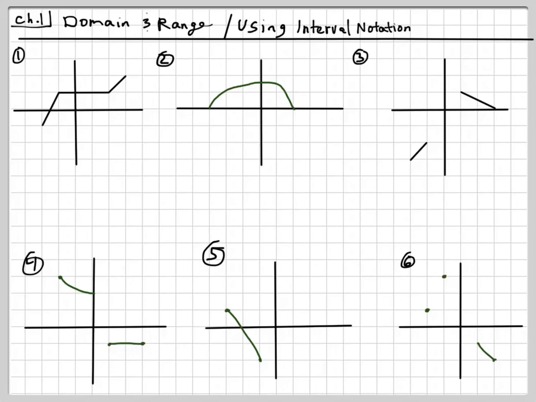We have a graph of a function that is continuous. It's one continuous segment. So let's take a look at that curve and ask the question, what is the point that is furthest to the left? That's going to correspond to the smallest x value.